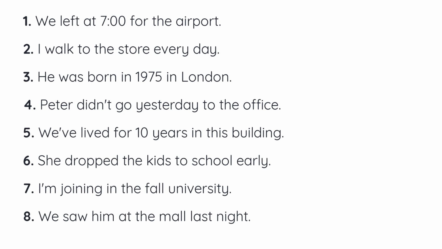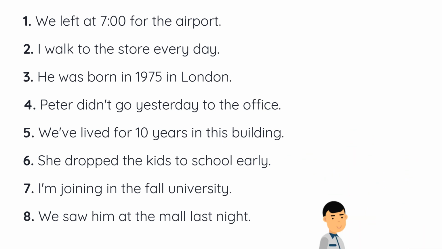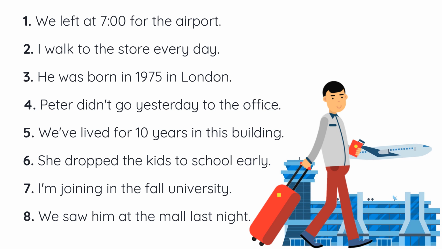So now let's look at these 8 sentences. Some of these are correct and some are incorrect, based on what we have just learned about place and time. Let's get started. Number 1. We left at 7 for the airport.